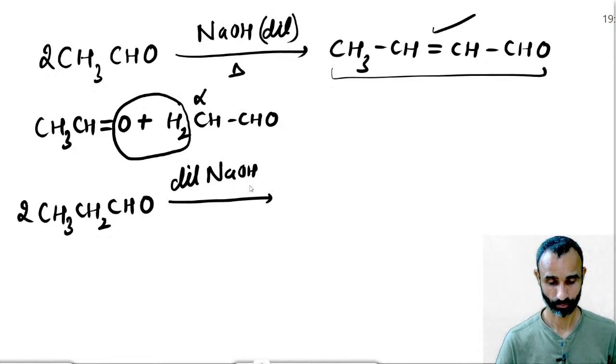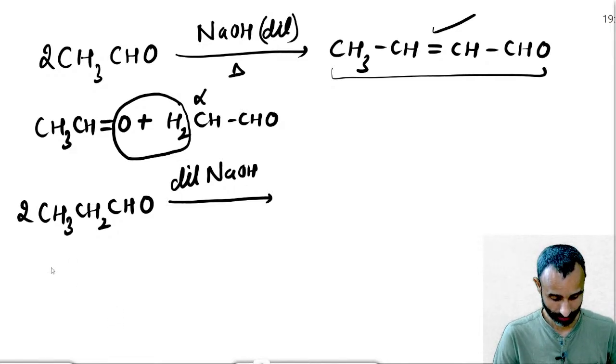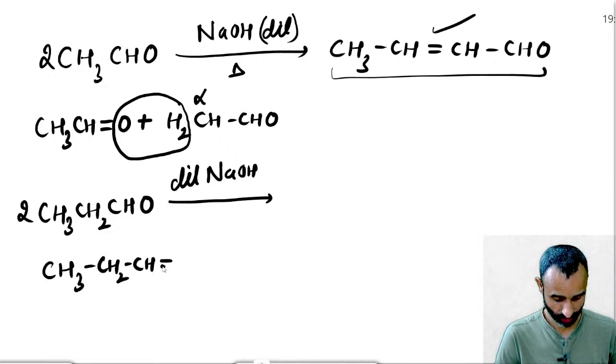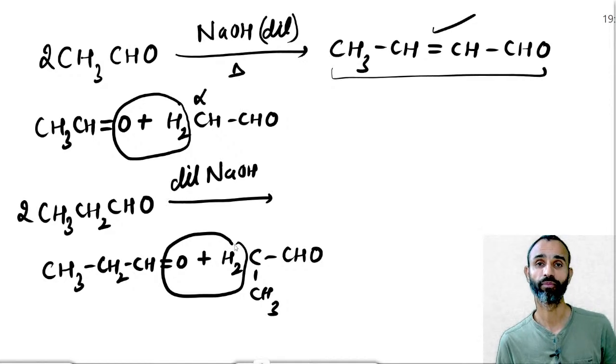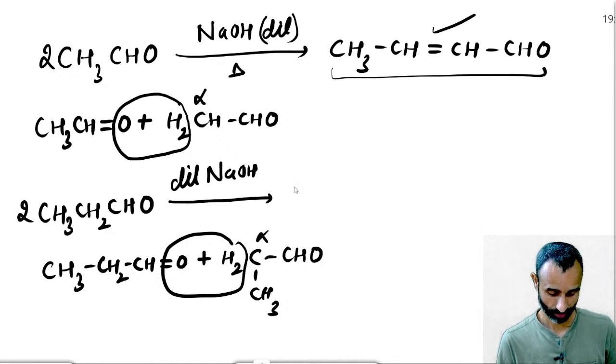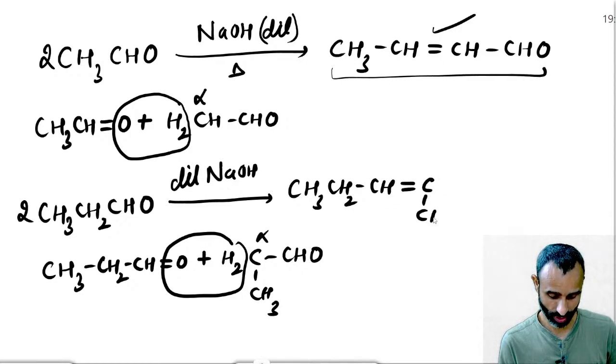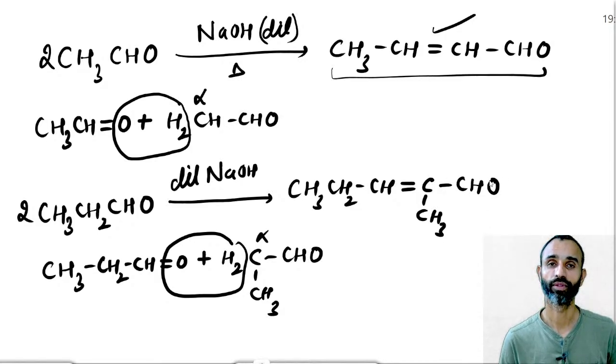See beta, you should write it like this first. And you should remove two hydrogens from alpha carbon. So it should be like this. So it is CH3, CH2, CH, double bond C, CH3, CHO. Okay?